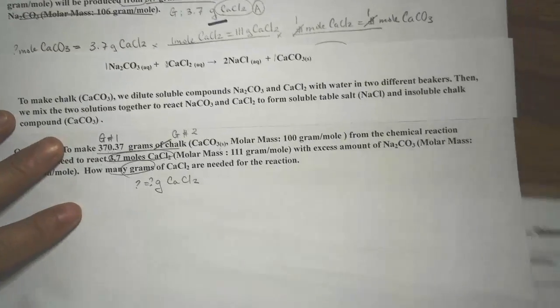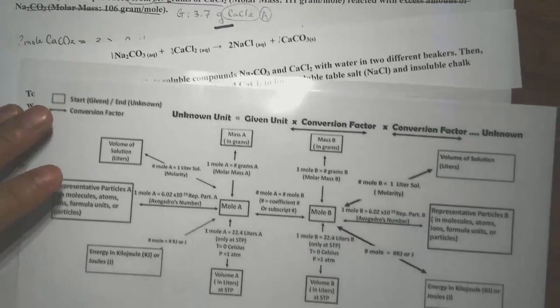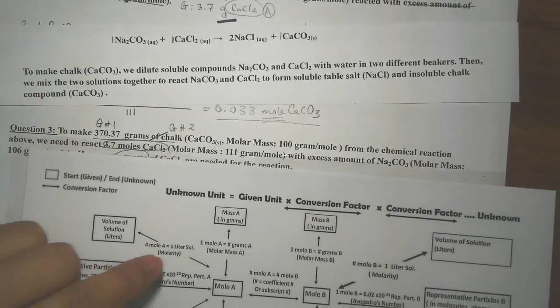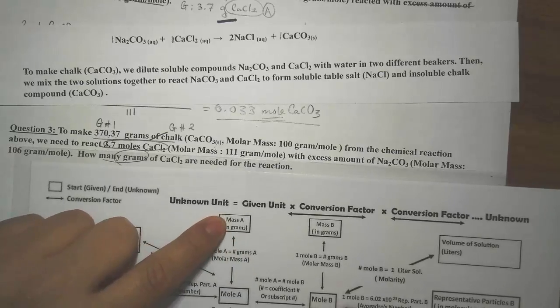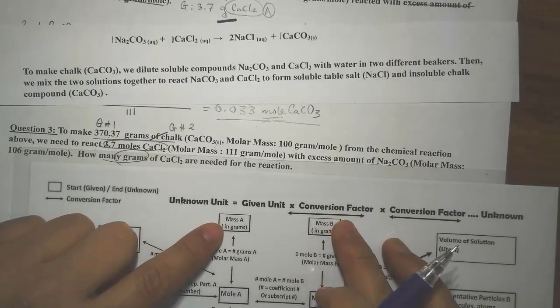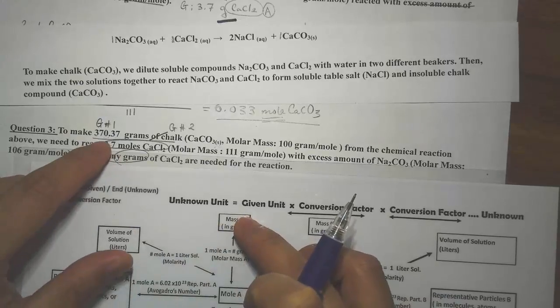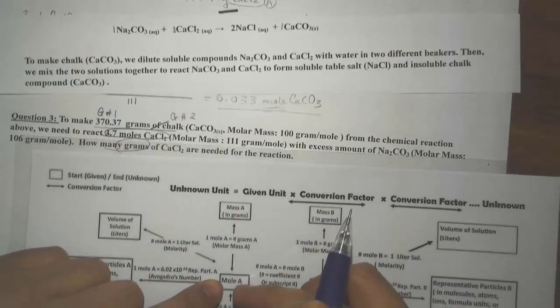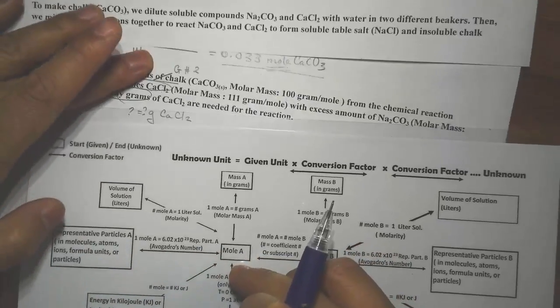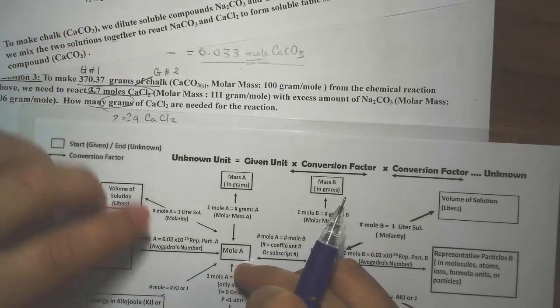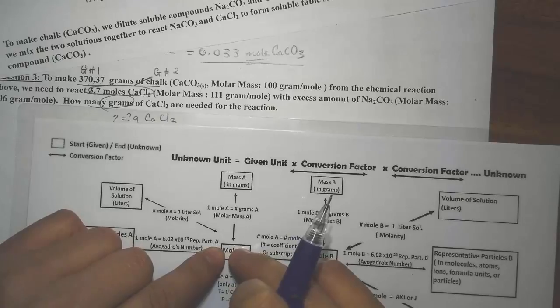Now let's use our common sense. If we look at our flowchart, would you like to go from grams of A all the way to grams of B? Or would you like to stay with moles of A, because we are given 3.7 moles of calcium chloride, right? Moles of A, okay?